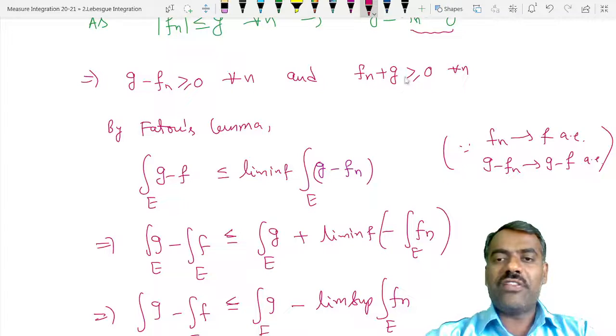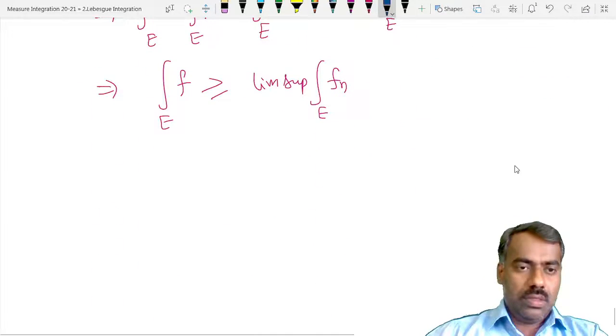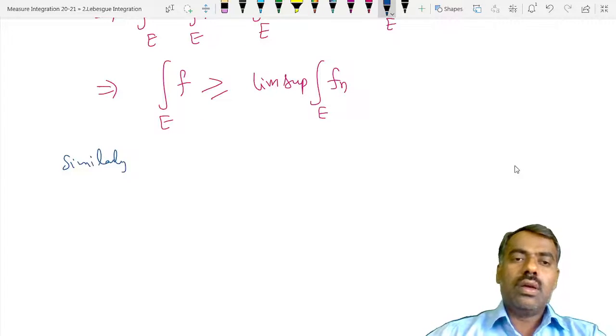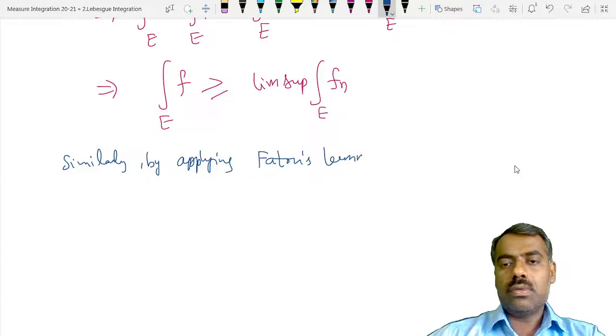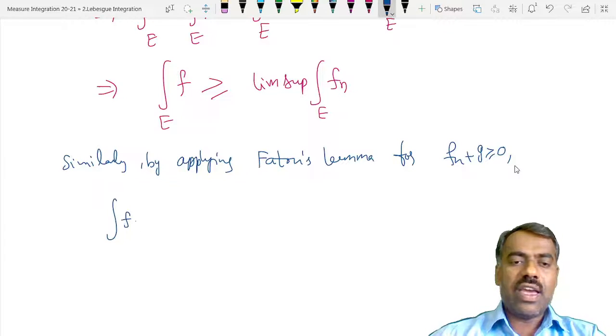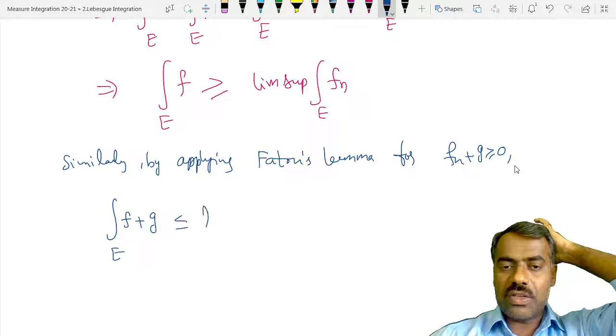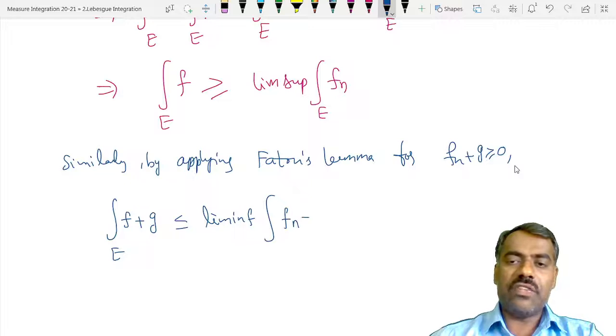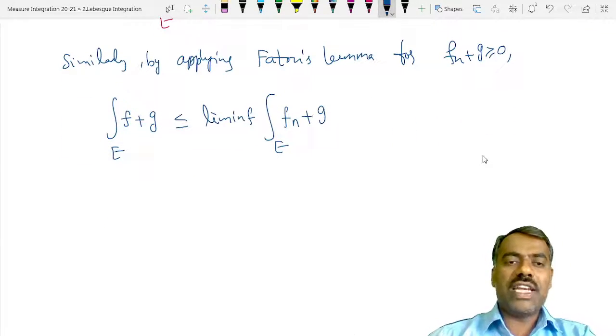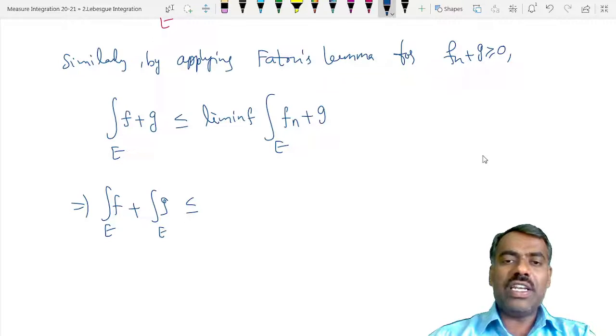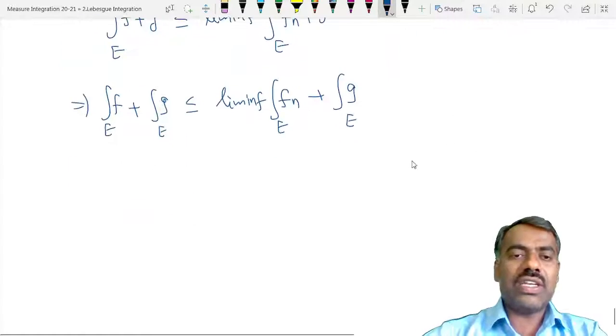Similarly, you can now apply it for fn plus g greater than or equal to 0. By applying Fatou's lemma for this fn plus g greater than or equal to 0, we get that the integral of f plus g over E is less than or equal to the lower limit of the integral of fn plus g over E. Now this is the same as the integral of f over E plus the integral of g over E, which is less than or equal to the lim inf of the integral of fn over E, and this is the same as the integral of g over E. So the integral of g over E will get cancelled.